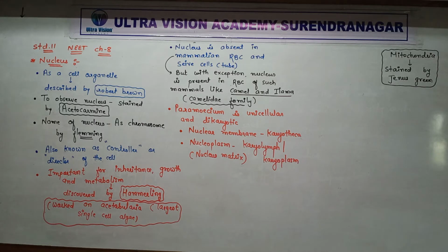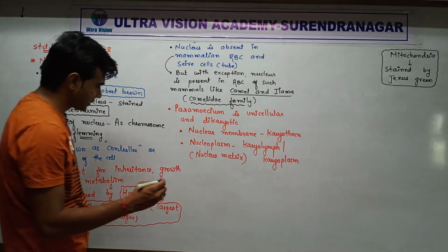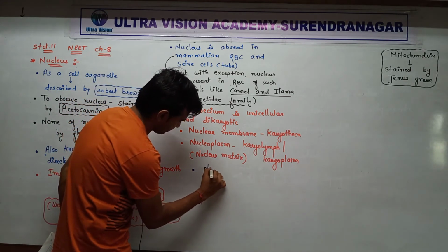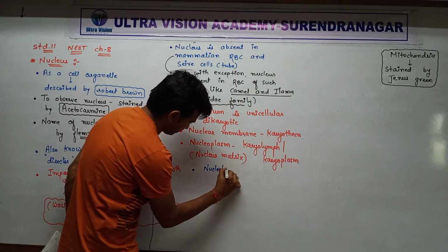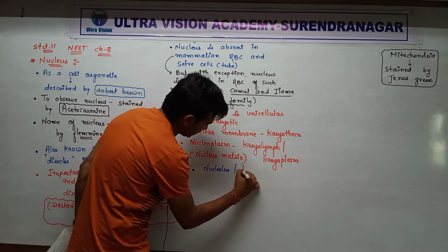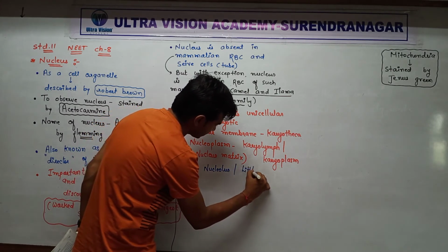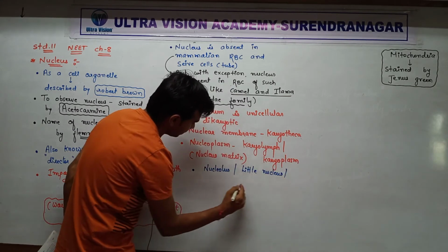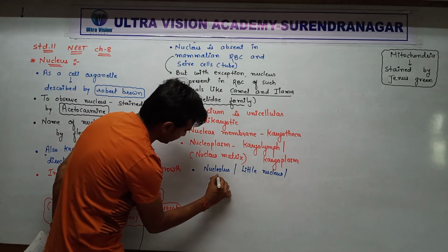It is also known as karyolymph or karyoplasm. Whereas the nucleolus is also known as the little nucleus, also known as the ribosome factory.